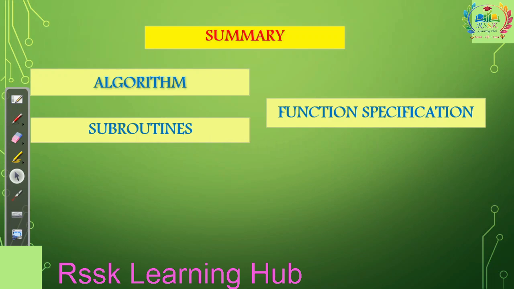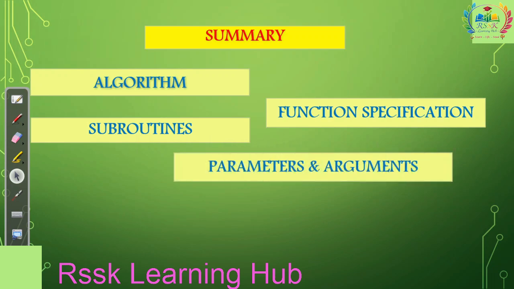Then how to specify a function? A function should be specified with a value assigned for a parameter. Okay, if A is assigned some value, that should be the function specification, and how to define a function and all we saw. Then we come to parameter and arguments. What is a parameter? Parameters are the variables in the function definition, and arguments are the values we pass to a parameter, right?